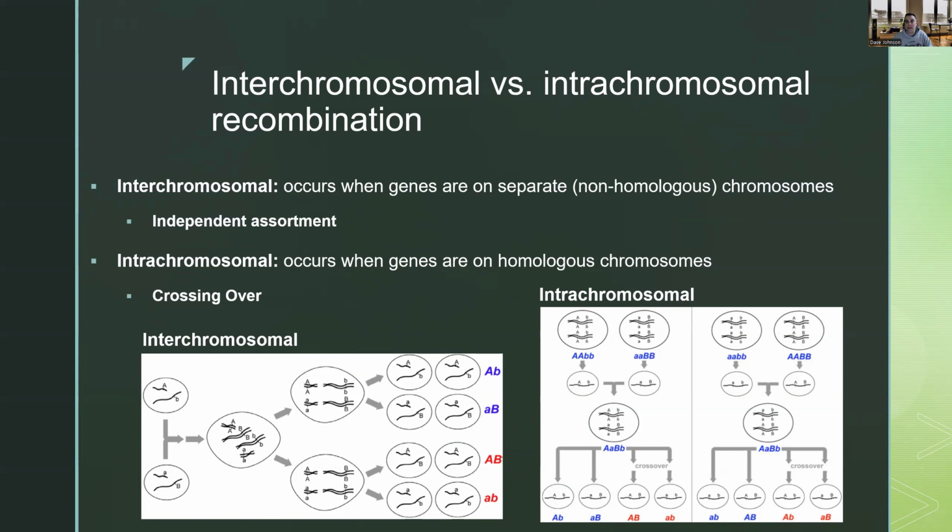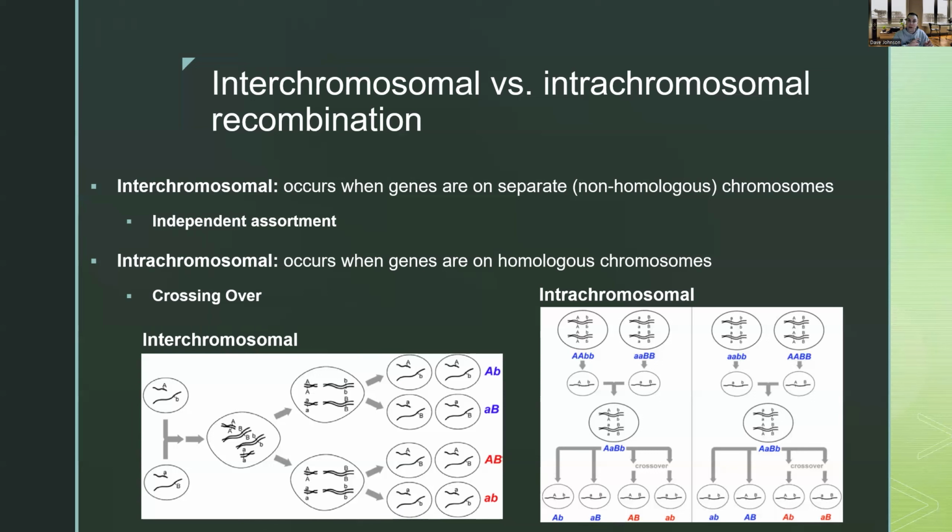Through that independent assortment, we get a recombination of genes, so you end up with a mixture of the parental genetic information in those daughter cells, which become sperm or egg through the process of meiosis. But there's also something called intrachromosomal recombination.